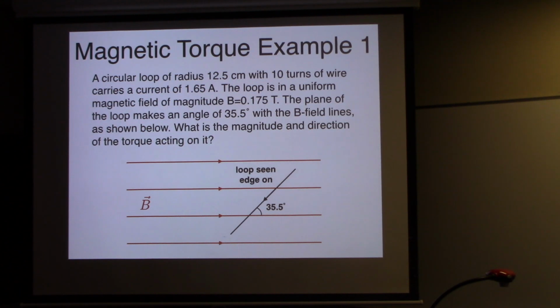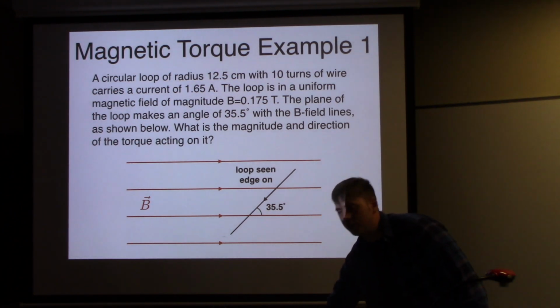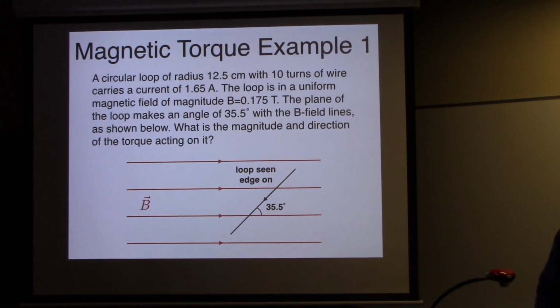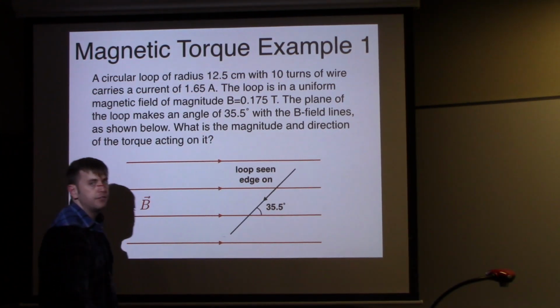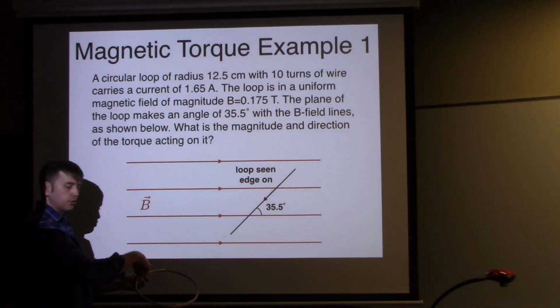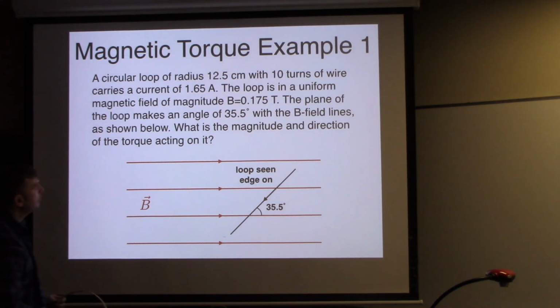And let's do another example. This one, rather than just doing it conceptually and then figuring out what the directions of the torques are going to be, let's do one where we actually make a calculation. So we have a circular loop with a radius of 12.5 centimeters, and it has 10 turns of wire wrapped around it. So again, take a circular loop, wrap a wire 10 times around it, and let's say the current that's being carried in that loop is 1.65 amps.